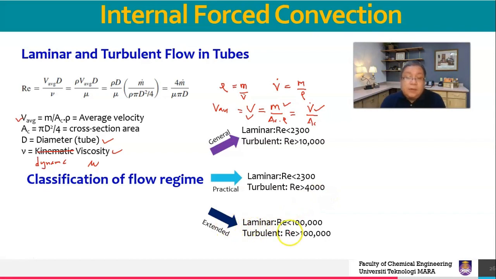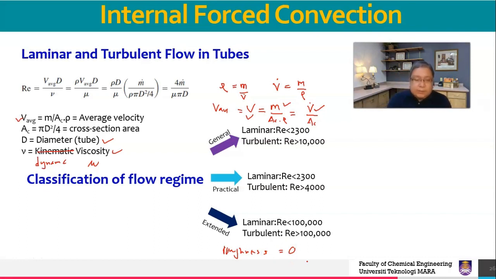For the zero surface roughness, normally your Reynolds number will be extended, if the roughness is equal to 0.